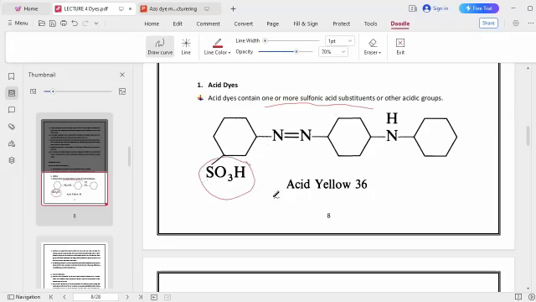This SO3H group is a sulfonic group, and as you can see, this dye has this group, the NN group, which I said is called azo group. So this dye has an azo group, but at the same time, it is also an acidic dye, and it's known as acid yellow 36.